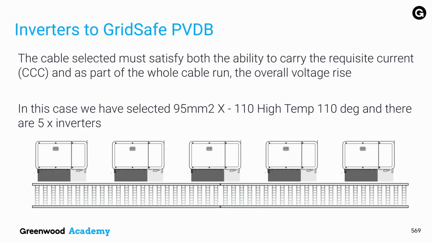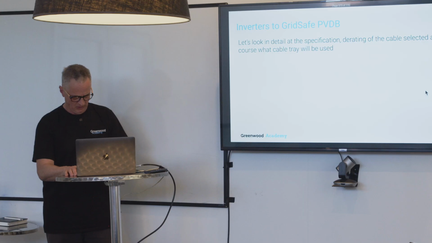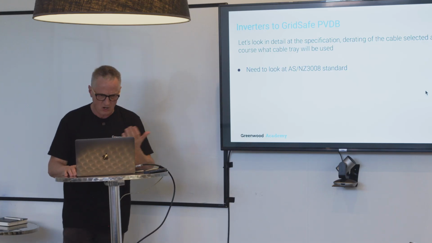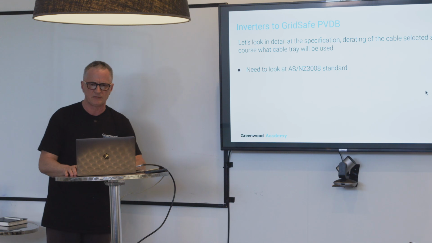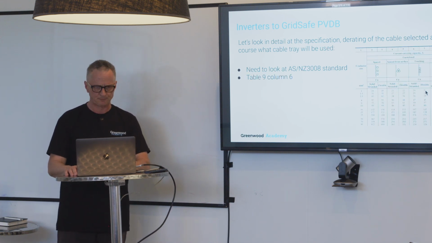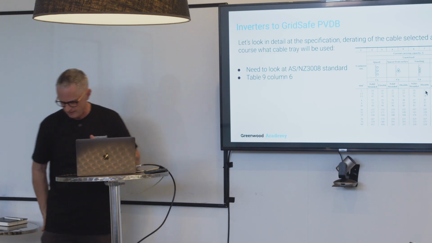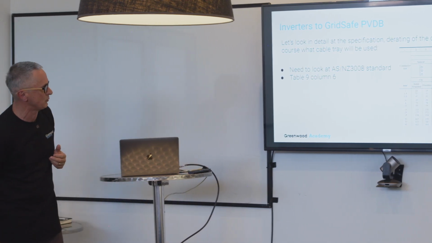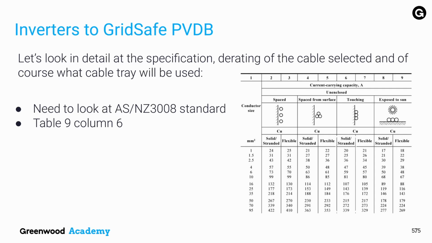But the DNSPs are looking very closely, especially with these bigger systems. All right, so what kind of cable and cable tray do we need? Well, we've sort of selected 110. And this is when you start going into the nitty gritty of the tables here. Now, there's Table 9, column 6. So column 6 here is touching, so I've gone touching on this.